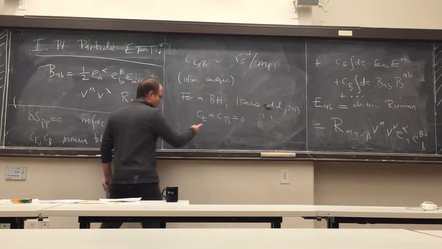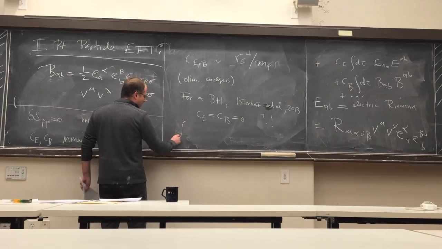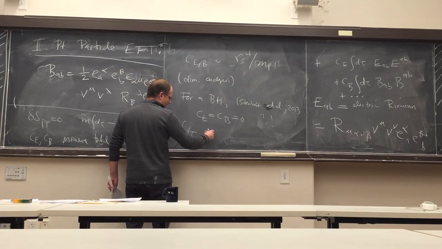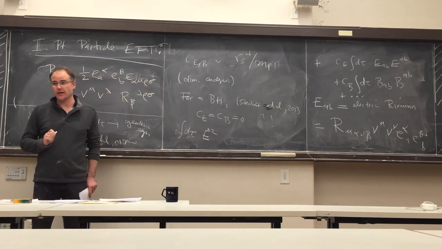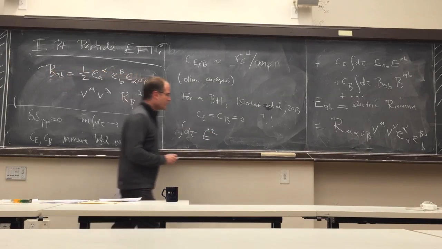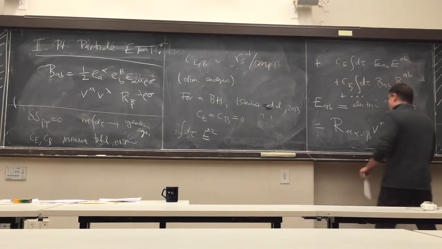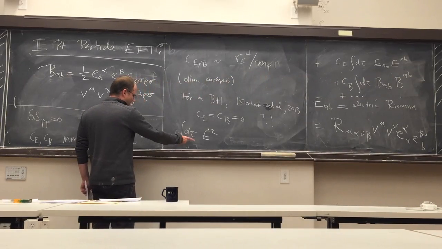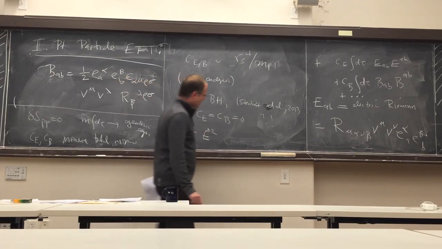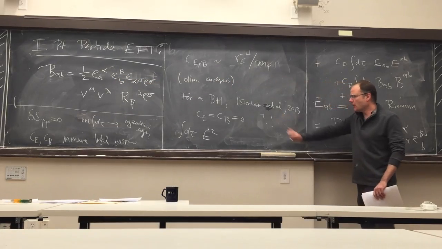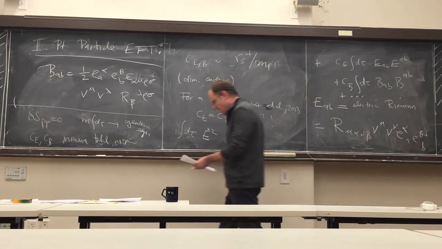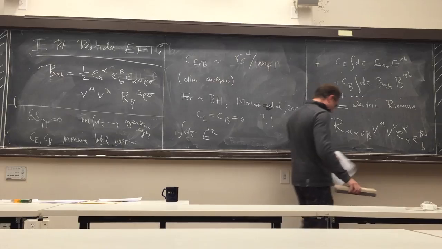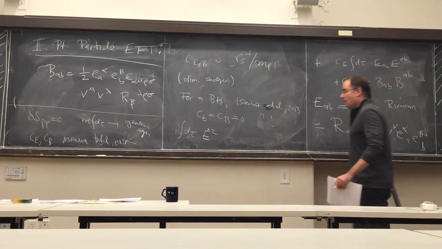What they found, though, is that even though these coefficients are 0, the leading non-zero coefficients for a black hole involve derivatives acting on this EMP. So it means that if you place a black hole in a static field, somehow it doesn't distort. But if the field is wiggling, then it distorts. So it's a very puzzling result that I don't think is fully understood yet, but it is, I believe, mathematically correct. And you can go read the paper if you're more interested.